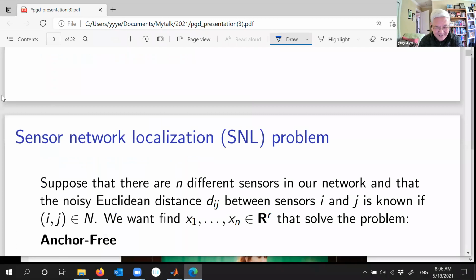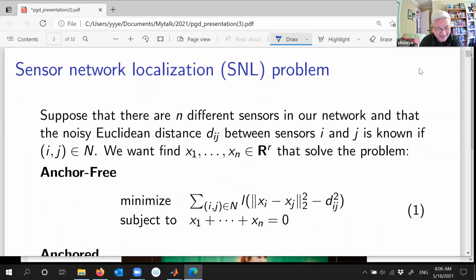For many in the audience, people probably already know what sensor network localization is. Suppose you have different sensors. This is a moving target in our network. They are ad hoc and in motion.